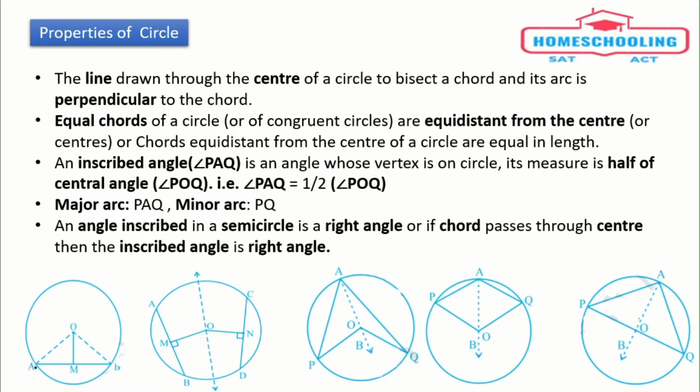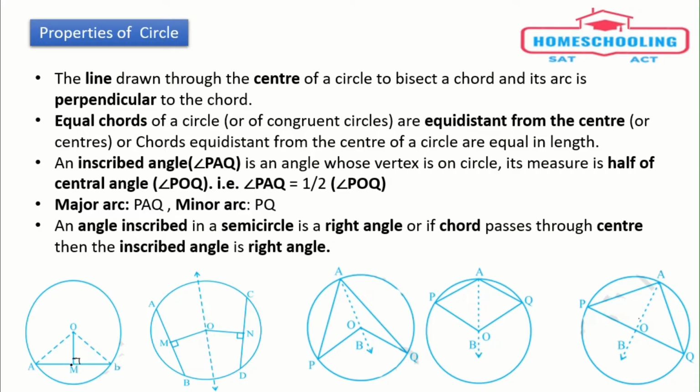See, if this is a chord, and we take a line from the center which bisects the chord, then that line is perpendicular to the chord. So if line OM passes through the center and bisects the chord, then it is perpendicular, and the vice versa is also the same.